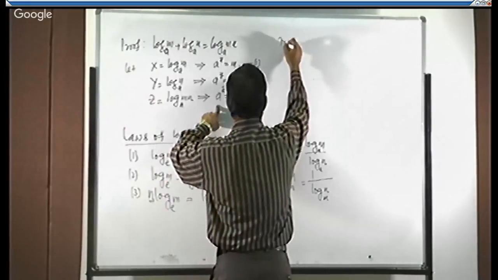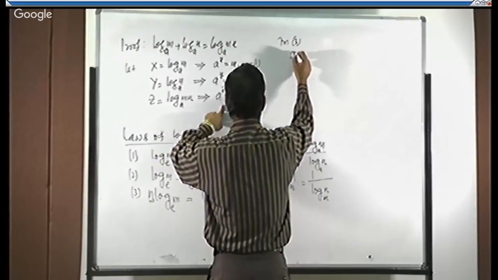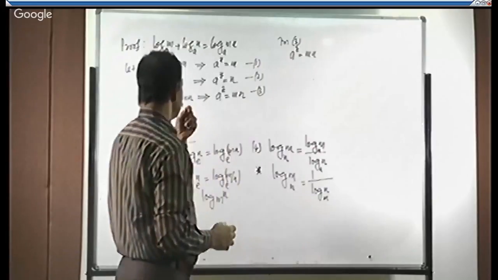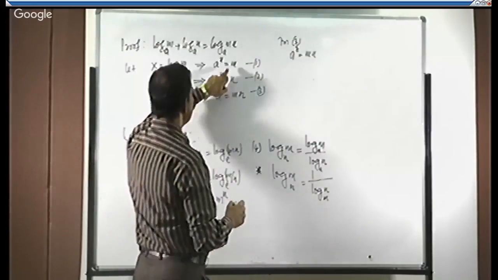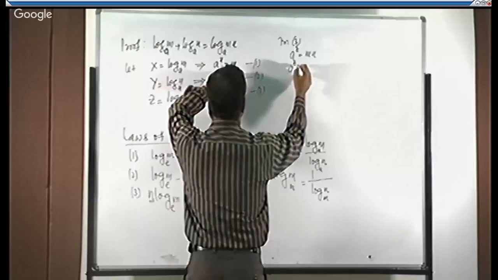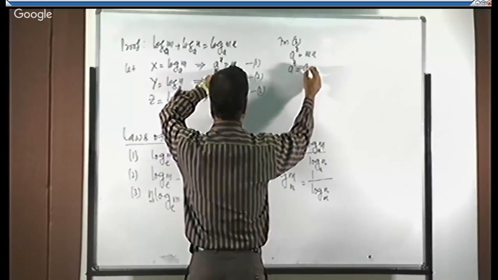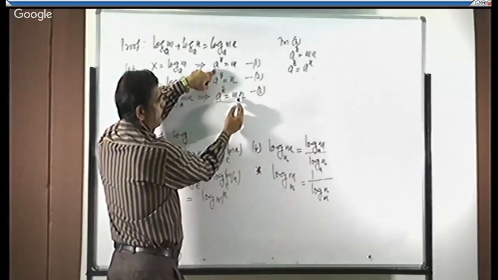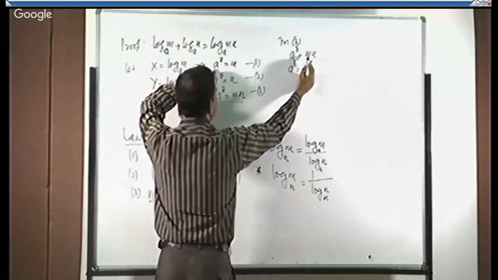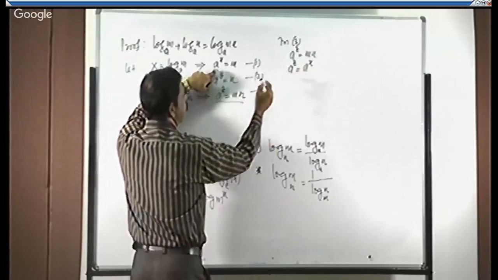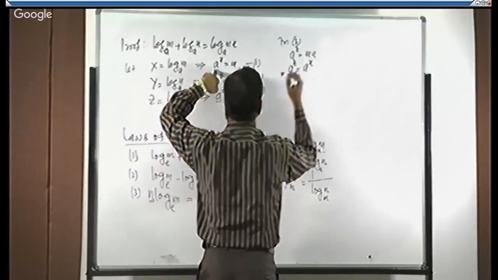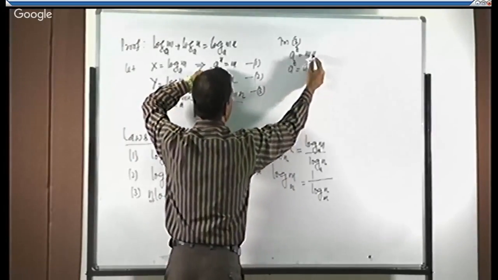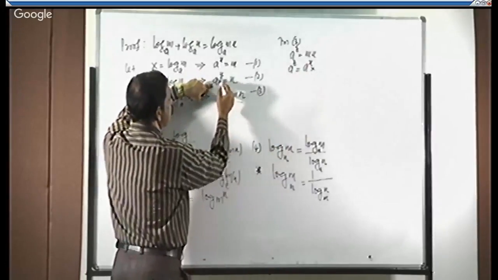So from 3, what is 3? a to the power of z is equal to mn. What is m? m is equal to a to the power of x, correct? Write the values of m and n from 1 and 2. m is equal to a to the power of x, and n is equal to a to the power of y.